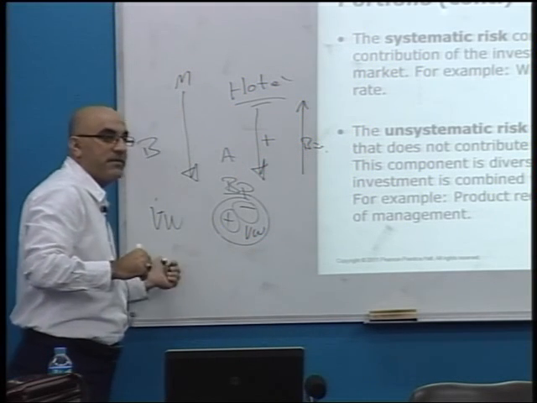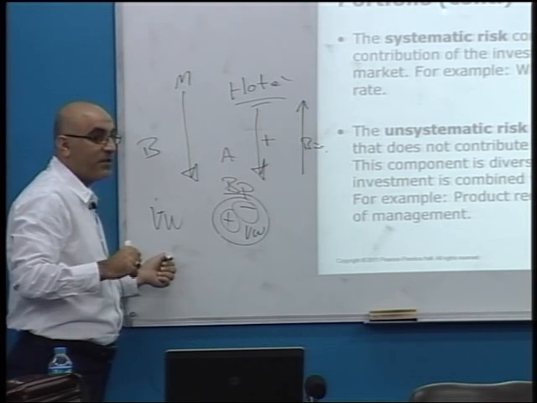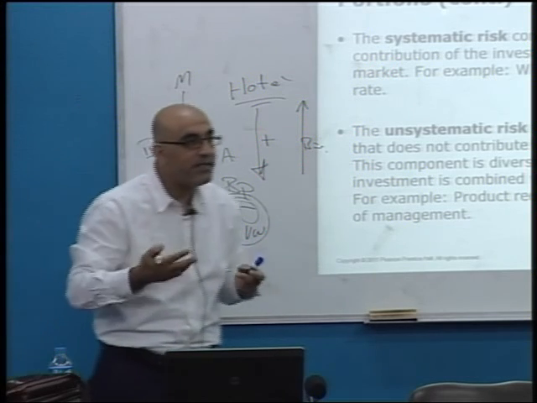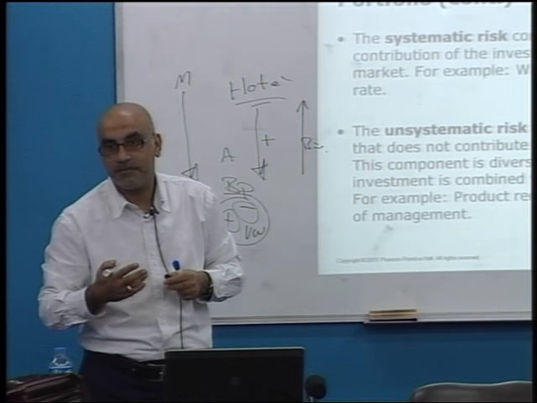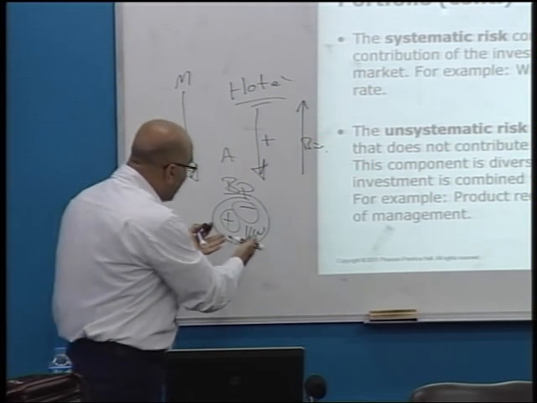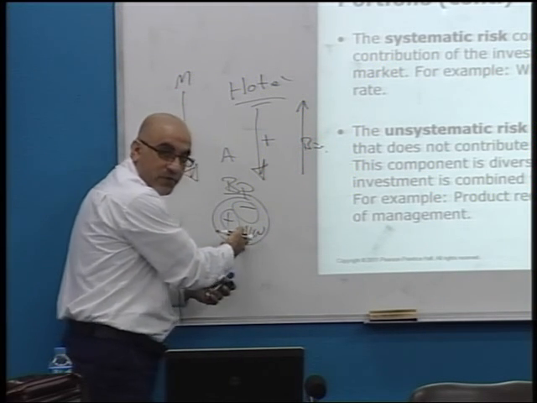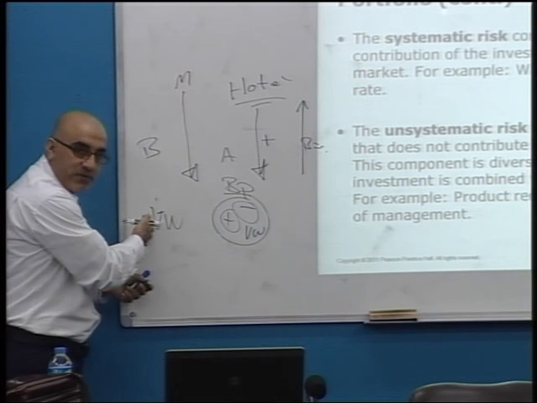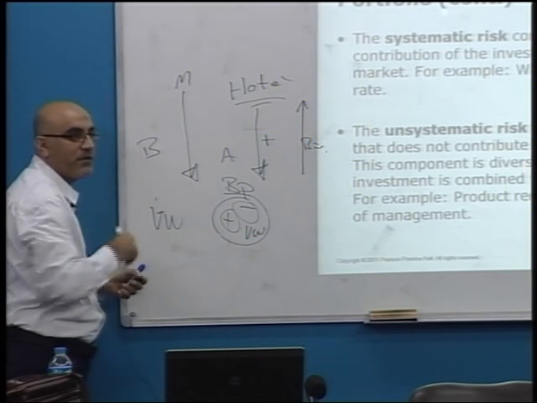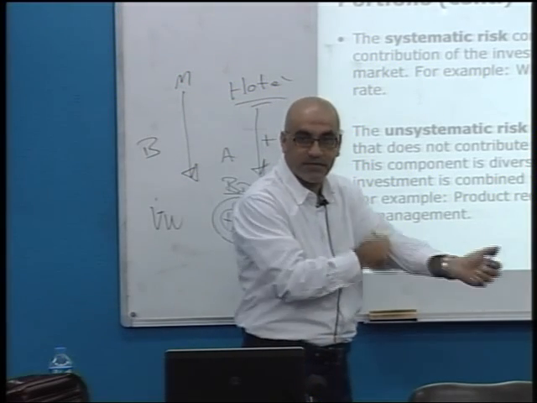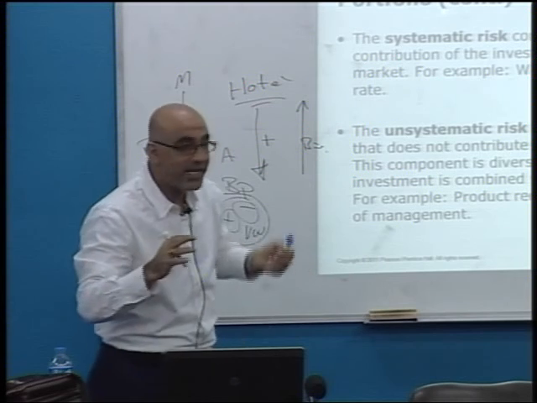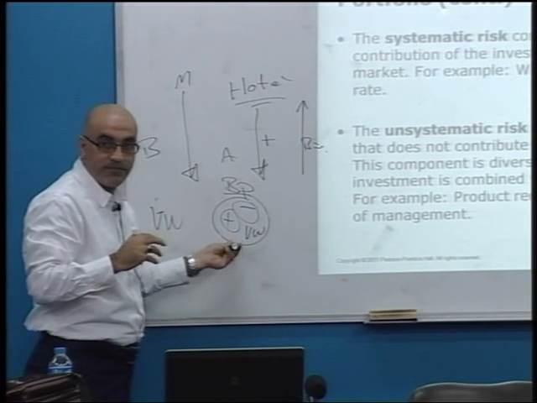But investor B will be affected because it is the only company in which he or she invests his money. So we can eliminate the impact of a strike in the portfolio, but we cannot eliminate the impact on the individual stock. This is the idea of the unsystematic risk. And it works only if we have portfolios.